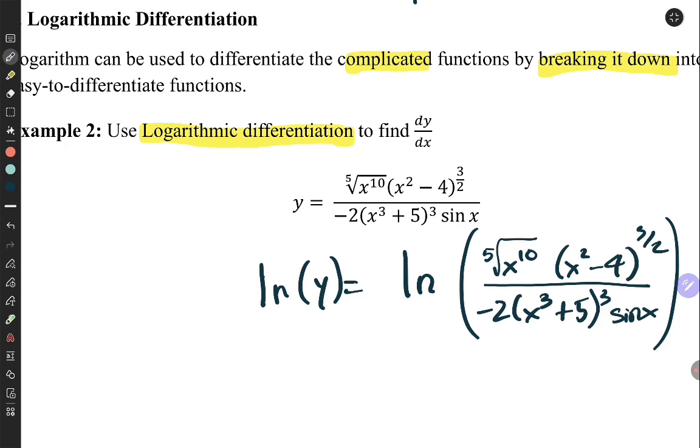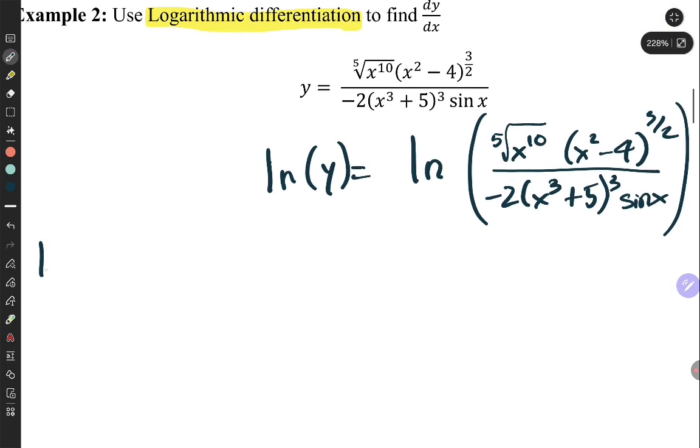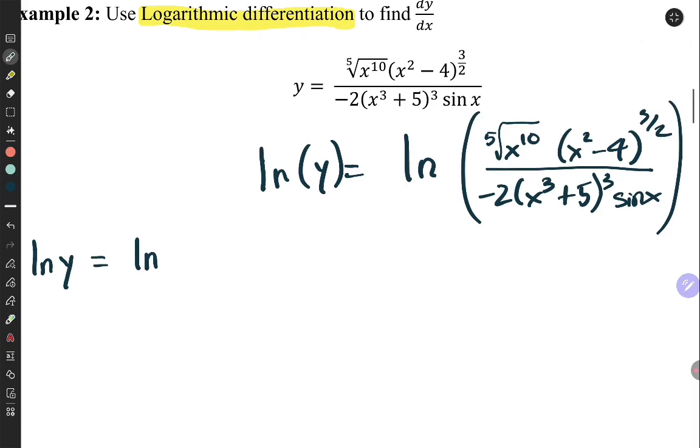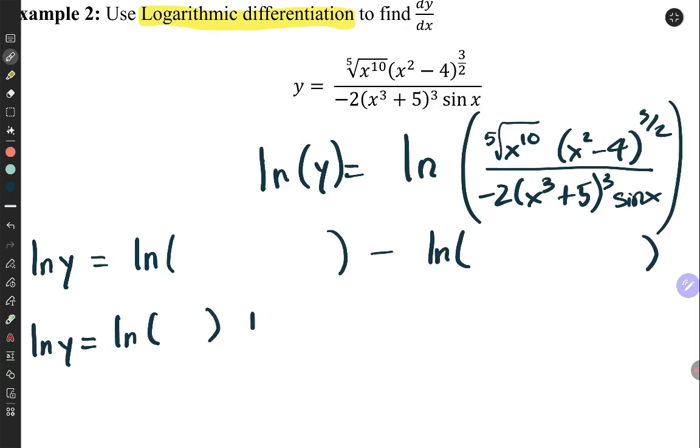So ln of y equals ln of something, subtract something, ln of something else. I let you fill in the blank. Ln of y equals ln of something plus ln of something else minus, and so on.